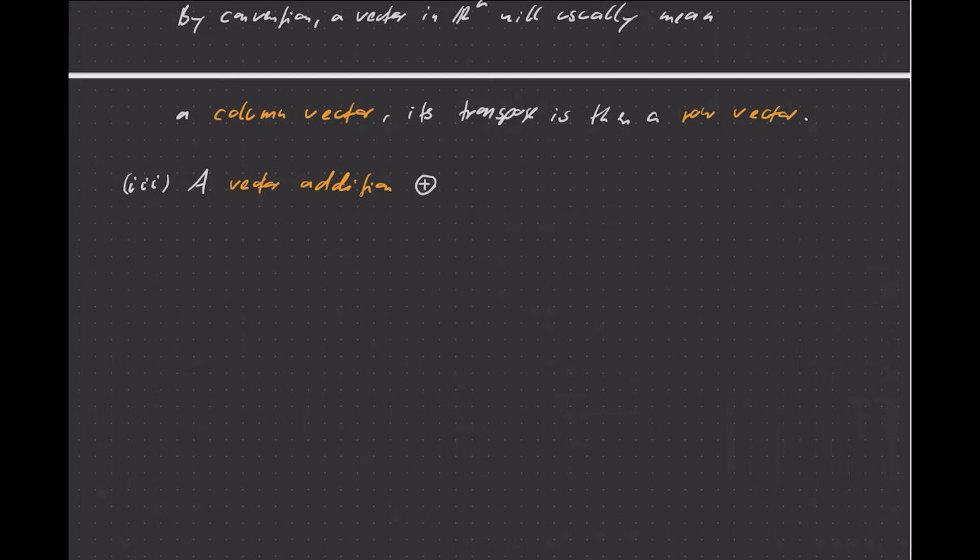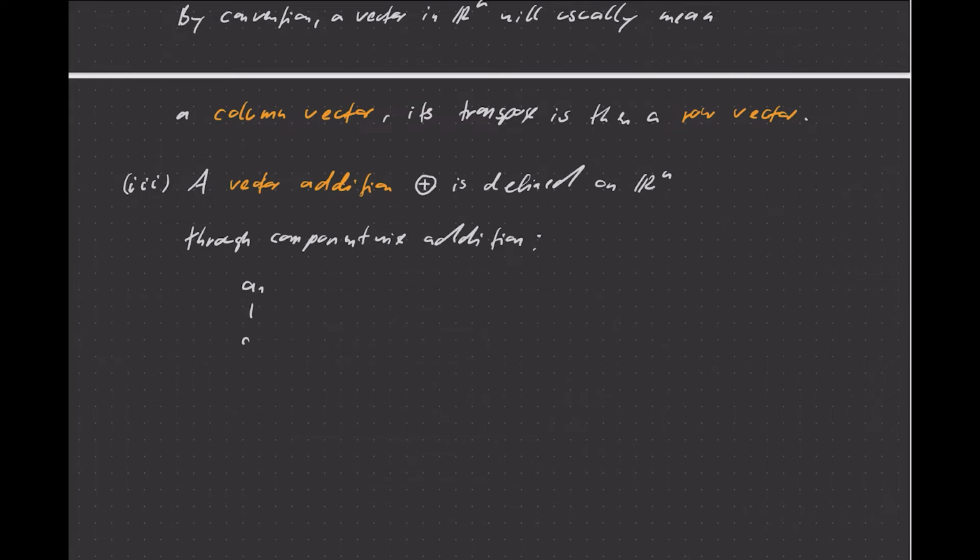So a vector addition plus is defined on R to the n through component-wise addition. So the precise definition is like this.